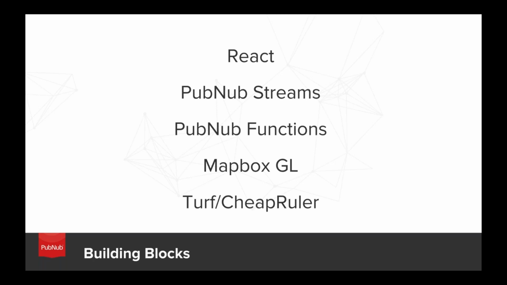We took PubNub streams and in Node.js and built in 30 lines of code the ability to stream as much data as we want into their system, transform it on the fly with a PubNub function, take that transformed data and pass it into mapbox-gl with our geocoding API to generate smooth animated points with live tooltips, and did geospatial calculations on the fly with turf and cheap ruler.